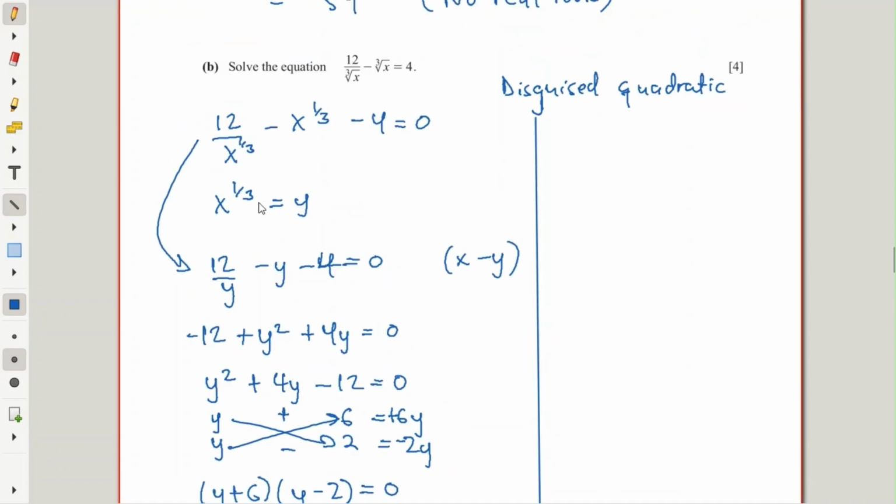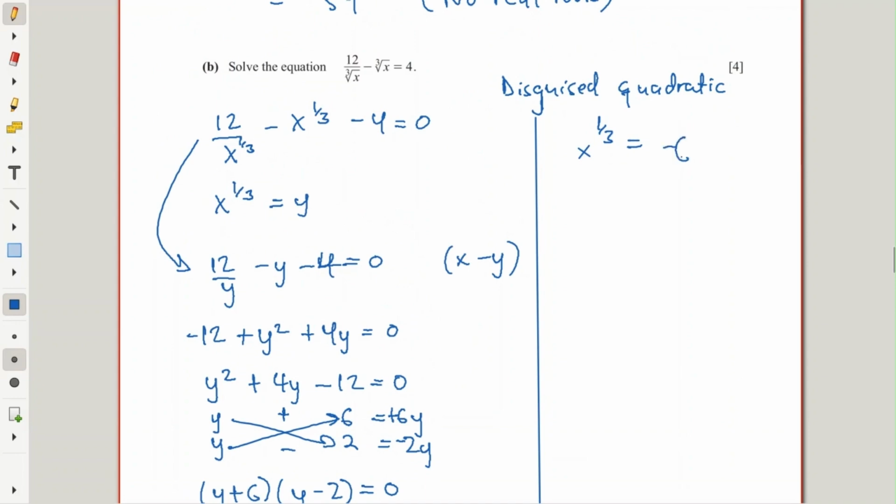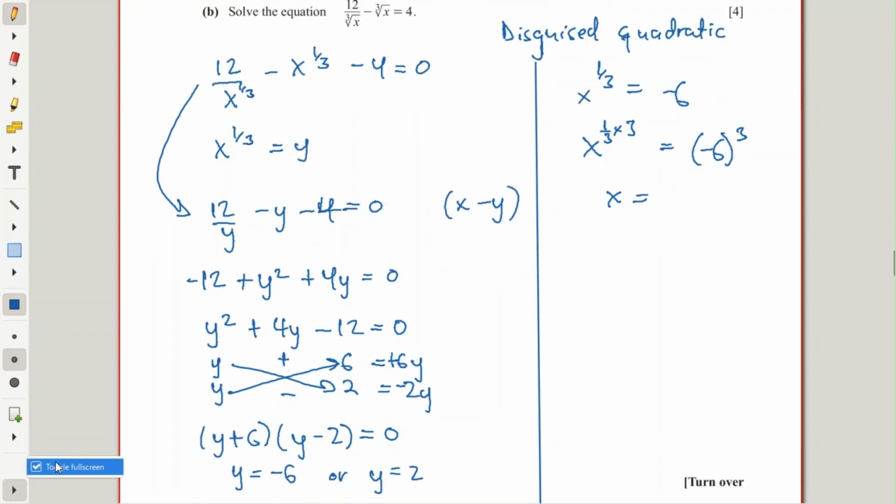Don't forget that you said your y is equal to x to the power 1 over 3. So if y is equal to negative 6 and I want to find the value of x, what do I do? I just multiply the power by its reciprocal. It's 3 over 1 or 3. Let me do the same for this. Let's check the value.